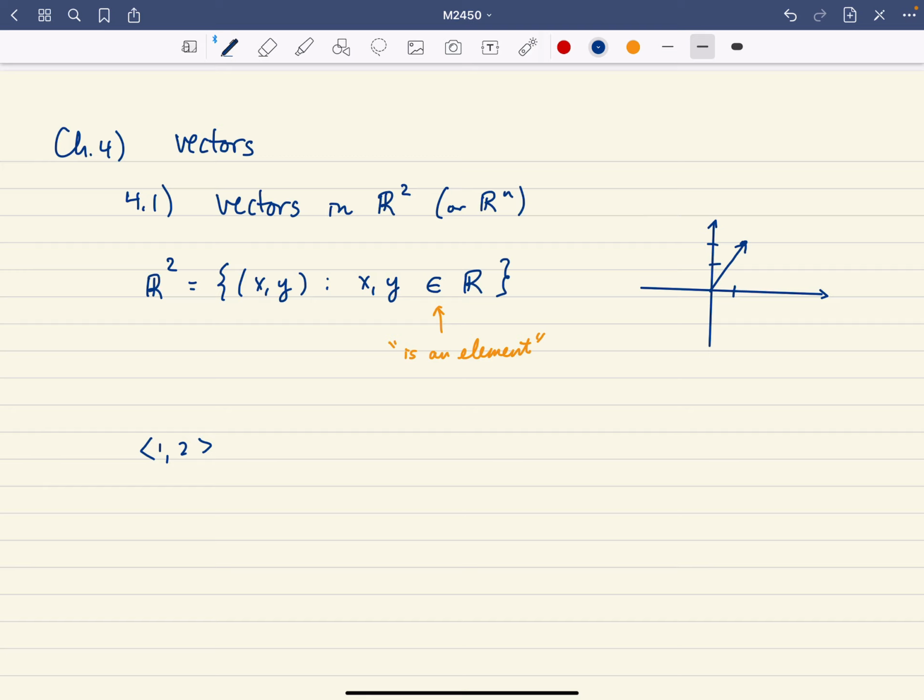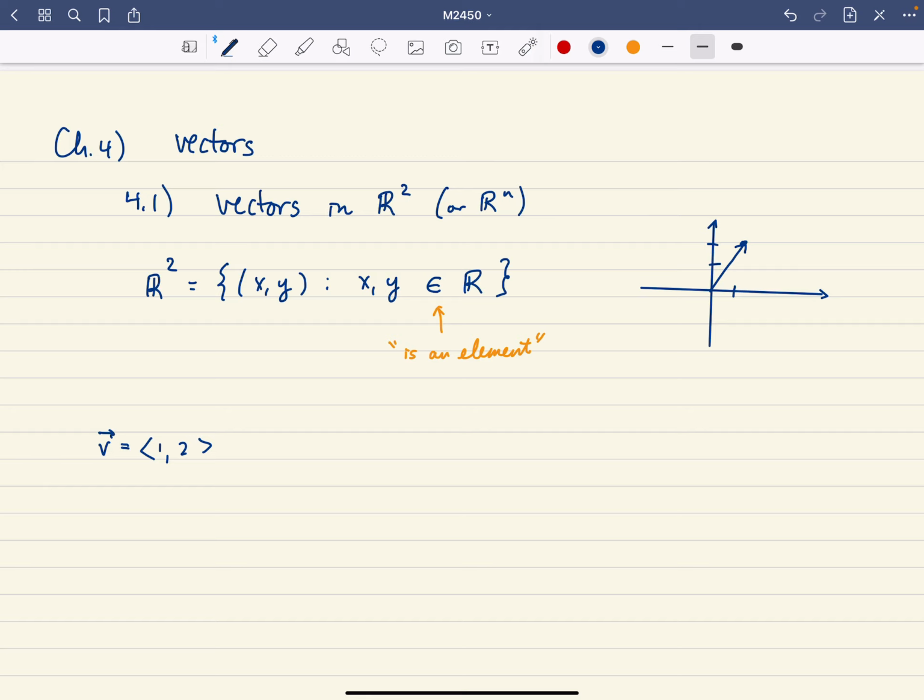In our case, it's going to take the origin and map it to the point 1, 2. When I think of the vector 1, 2, and sometimes I'll write an arrow over the top just to remember that this is a vector versus a point, I think of it as a set of instructions. It says wherever you start, move to the right 1 unit, move 1 unit in the positive x direction, and 2 units in the positive y direction.